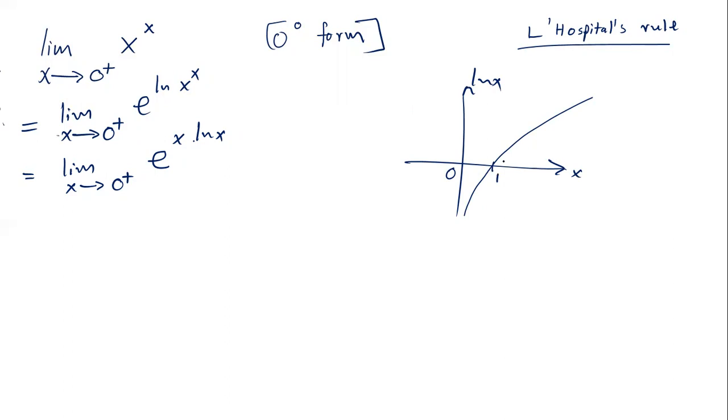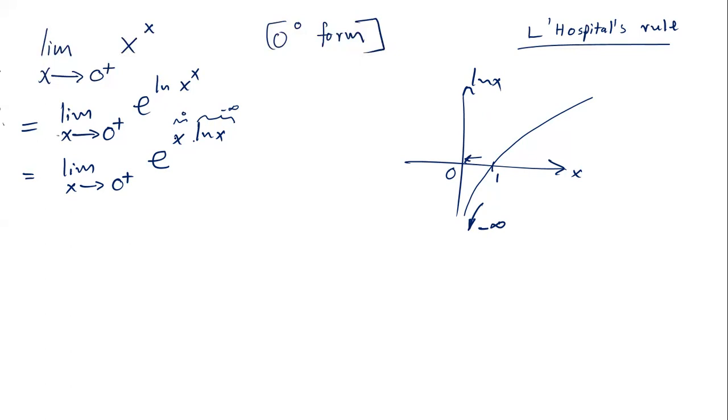When x goes to 0 from this side, ln x goes to negative infinity, right? That means this part goes to negative infinity and this part goes to 0. We get a 0 into infinity form in the power.